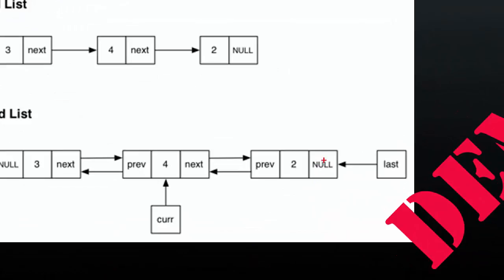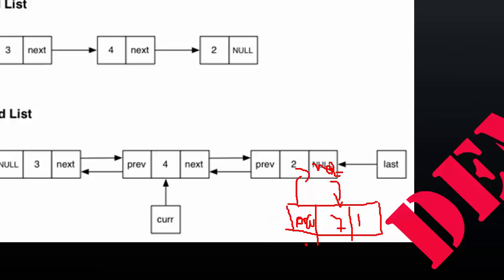So this thing is going to be next, and this next is going to point to a new element, which will have again 3 cells. So we said here the value is going to be 7. Here we'll have a pointer prev, which is going to point to here, and this is going to be null.